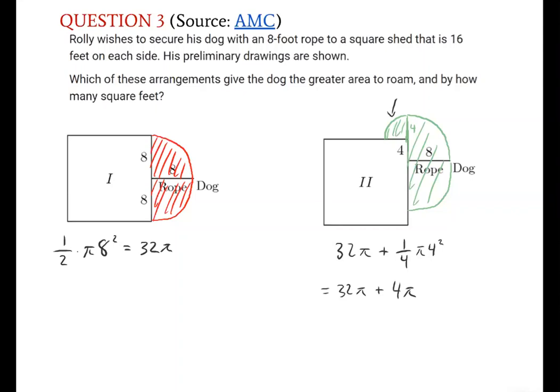You don't actually have to add this all out, since the question just asks which arrangement gives the dog a greater area and by how many feet. So we just know that arrangement 2 will give the dog a greater area to roam by 4 pi.